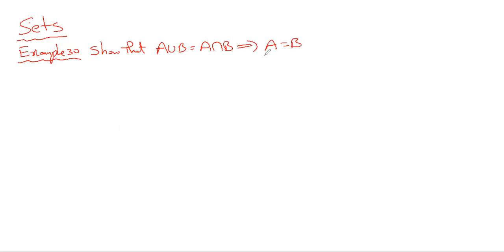We have example 30 from NCERT where we need to prove that A equals B. To prove two sets are equal, we prove that one is a subset of the other.